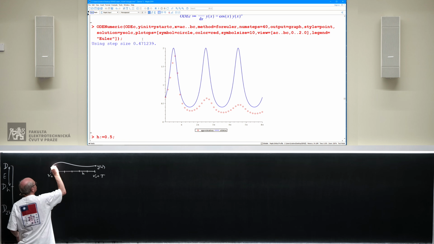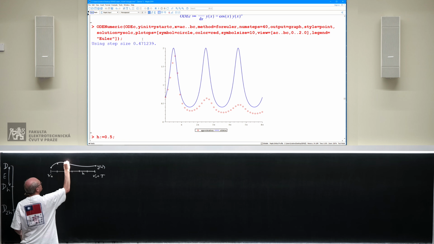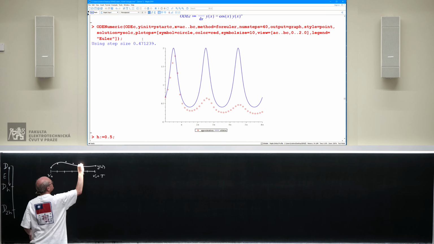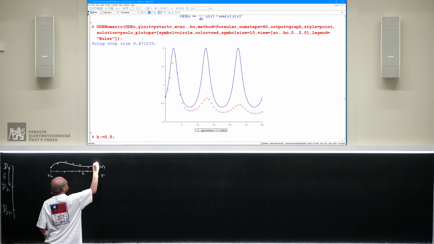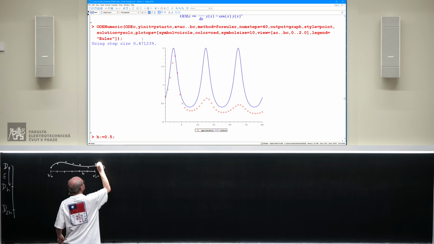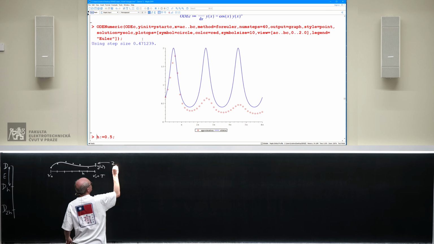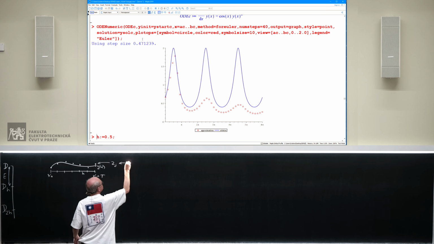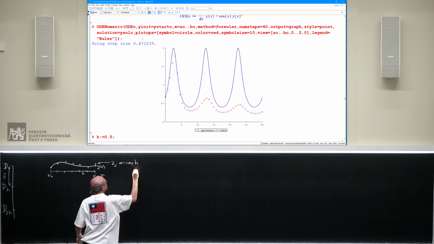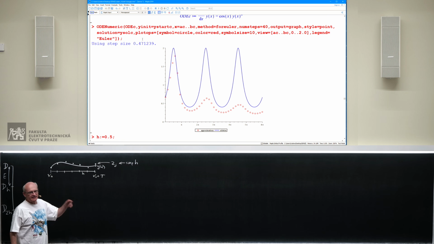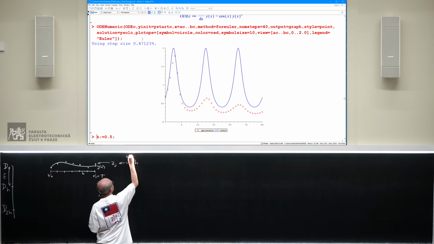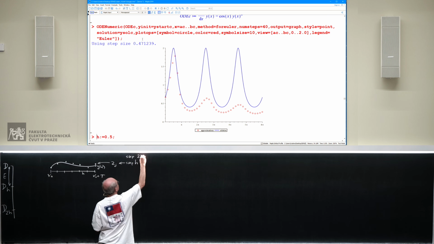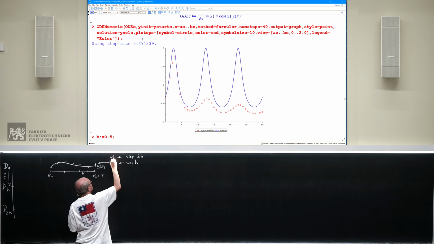And let's say that it's a fairly good approximation, so it could be like that. This approximation will be called z_j, and it corresponds to step h. Then we need a second attempt using the same method with step 2h. And this one I will call y_i.